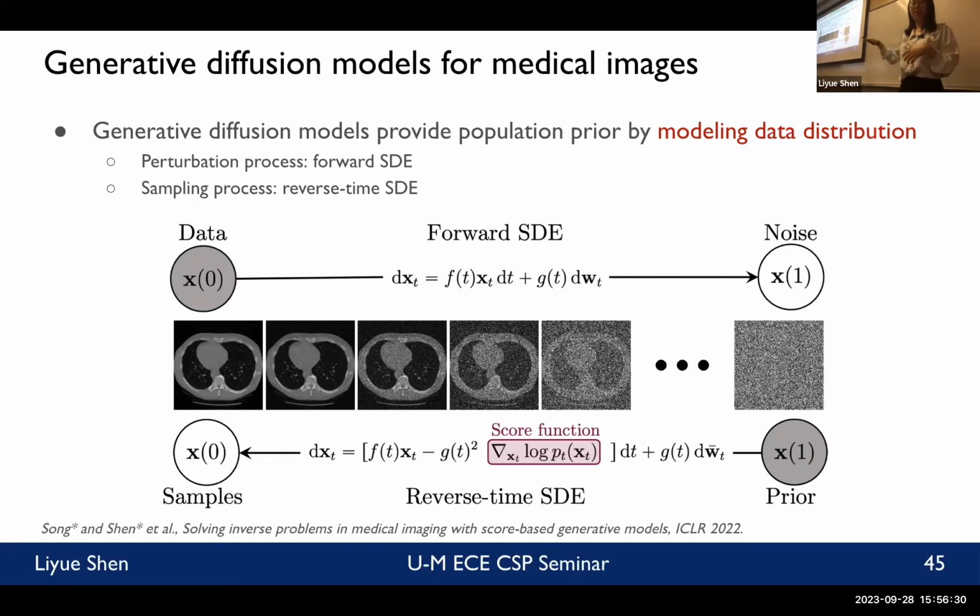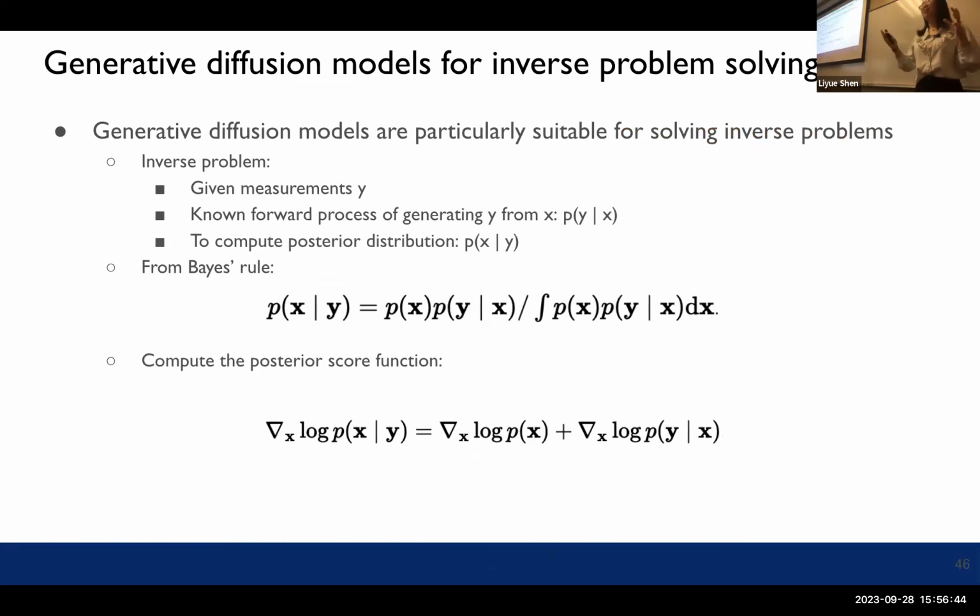In this process, there is the score function, which is the gradient of the log likelihood of the real data distribution, that can be captured and parameterized by the neural network that we need to learn. Here we just assume that we have a generative diffusion model that has been well trained to capture the data distribution. With this assumption, we can sample from the Gaussian noise to generate a sample from the real data distribution.